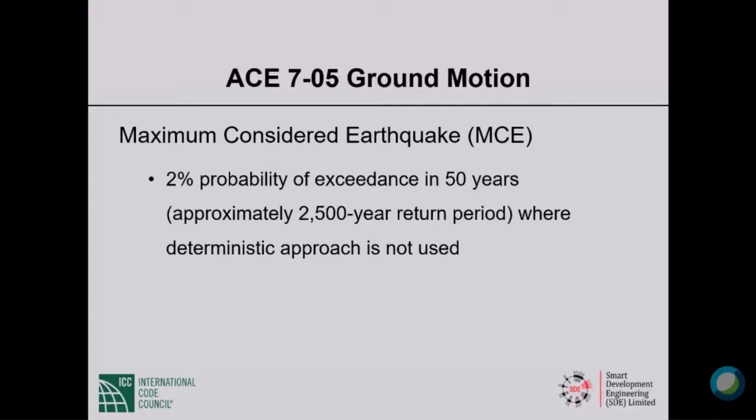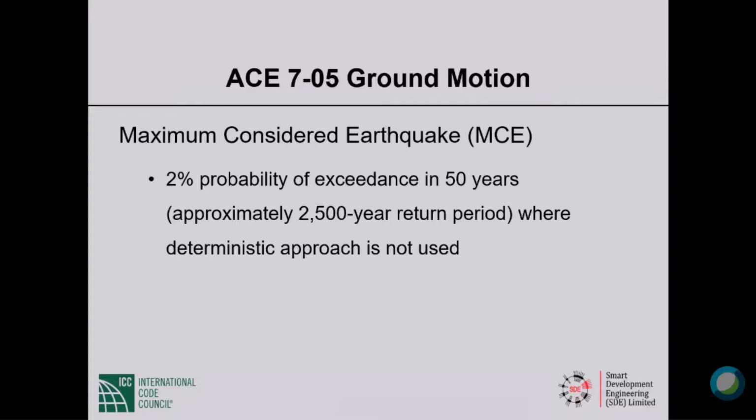So for most of the rest of the United States, this is the maximum considered earthquake. And the right way to look at the definition of maximum considered earthquake of ASCE 7-05 is that it is the 2,500-year return period earthquake subject to a deterministic cap.